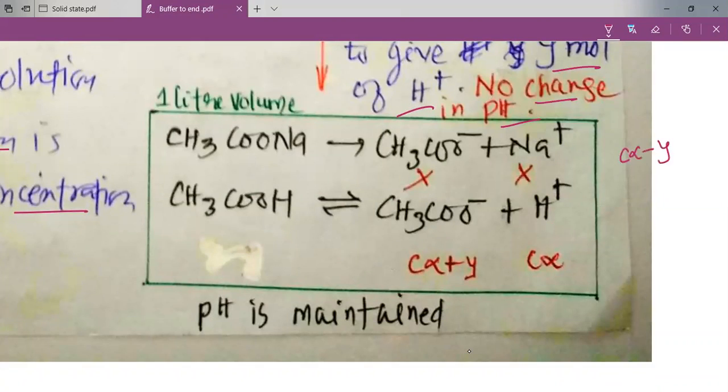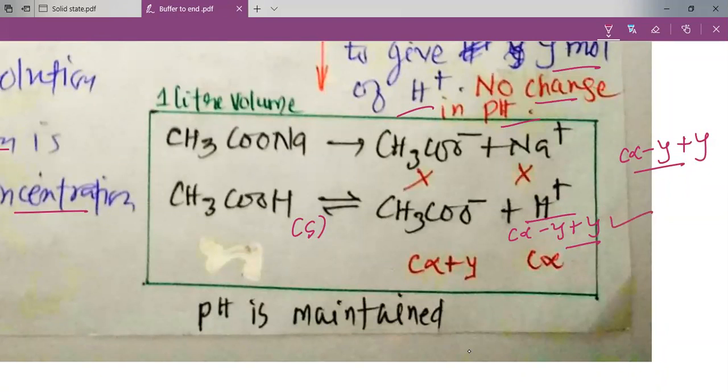So now you can see that as the concentration of H plus has decreased to C alpha minus Y, this undissociated CH3COOH again ionizes and gives more Y mole of H plus ions. So we have written C alpha, because C alpha minus Y plus Y happens over here, and the new Y mole of H plus are being produced.